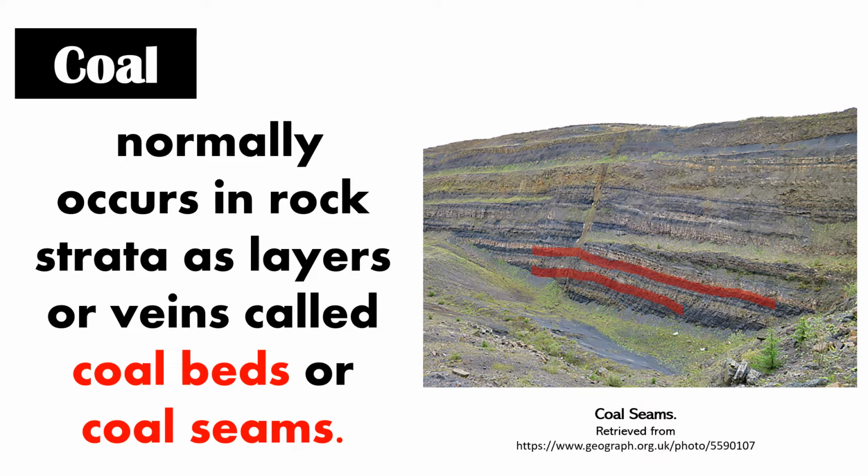We can say na mas nauna itong nabuo, then after some time nagkaroon ng sedimentation, kaya nandito siya, meron ditong sedimentary layer of rocks. And of course, another coal here, which we can say na mas younger as compared to this. So as you progress, mas pabata ng pabata yung coal deposit or yung coal bed na meron ka.